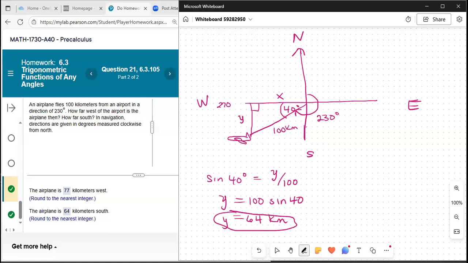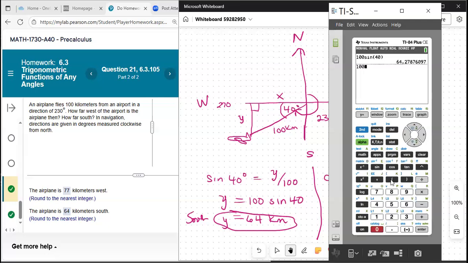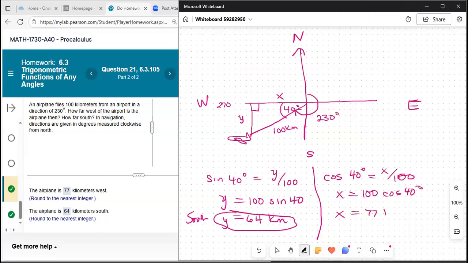So that is how far south the airplane is from the airport. Then to find out how far west it is, we're going to do the cosine of 40 because that's the adjacent x over hypotenuse r, which is 100 kilometers. So x is 100 times the cosine of 40 degrees. So 100 times cosine of 40, and we get 77 kilometers.